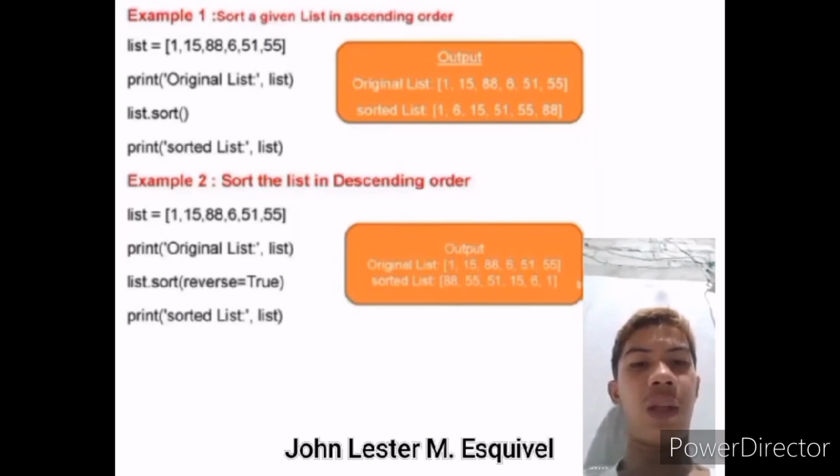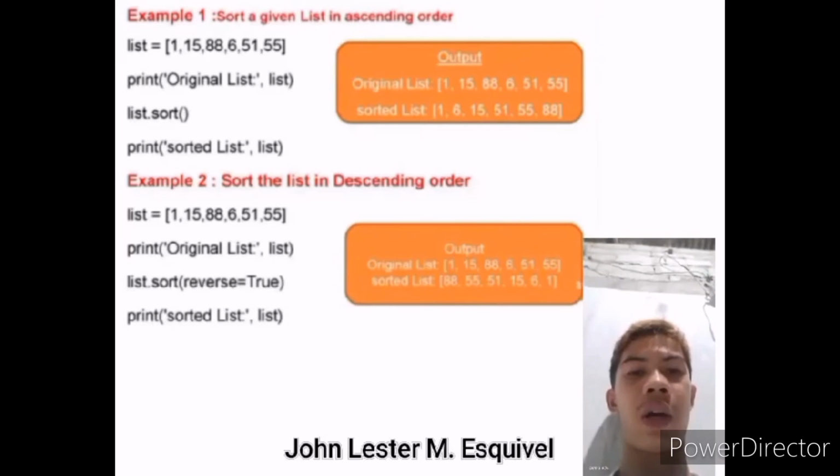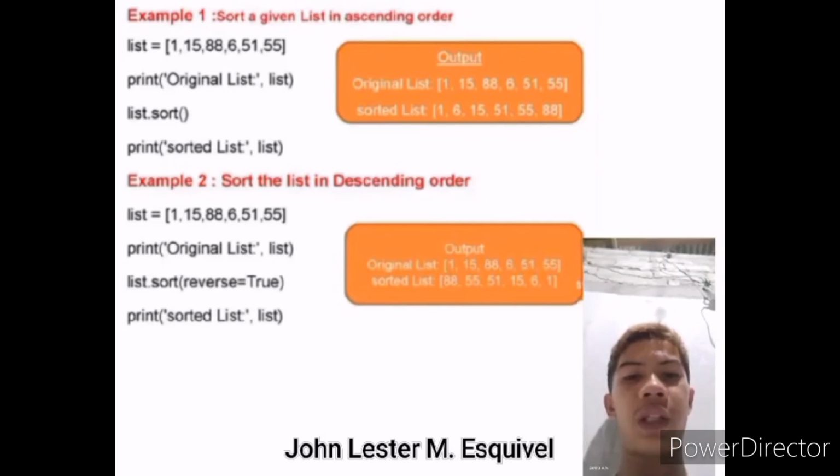Example ulit, sort a given list in ascending order. List equals open bracket 1, 15, 88, 6, 51, 55, close bracket. Print 'original list:', list. list.sort(). Print 'sorted list:', list.